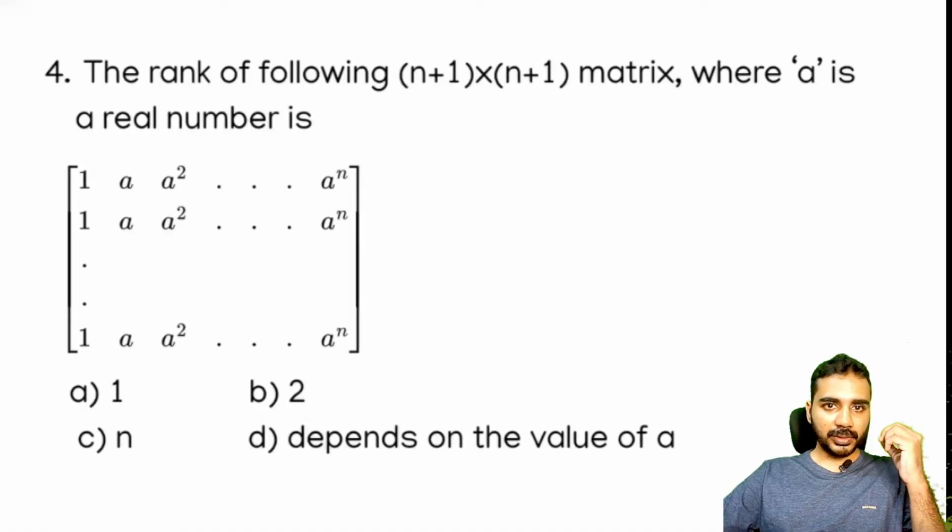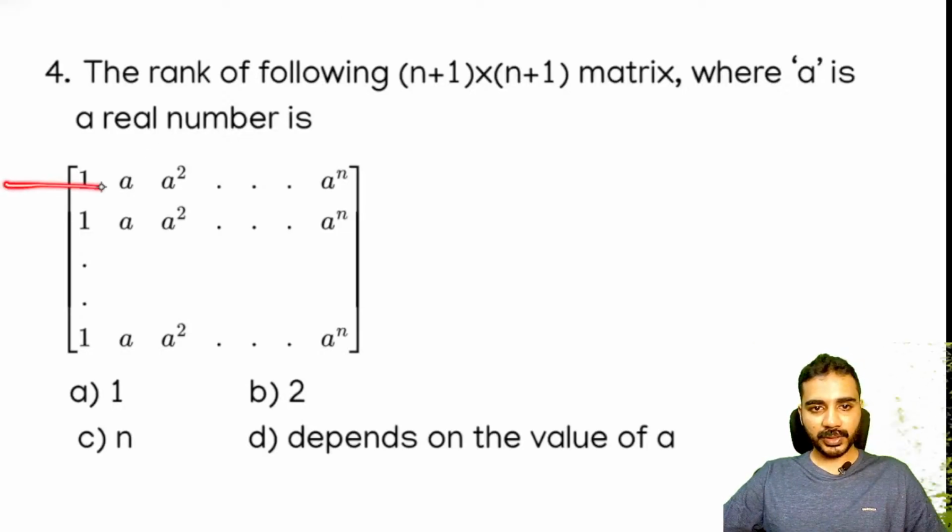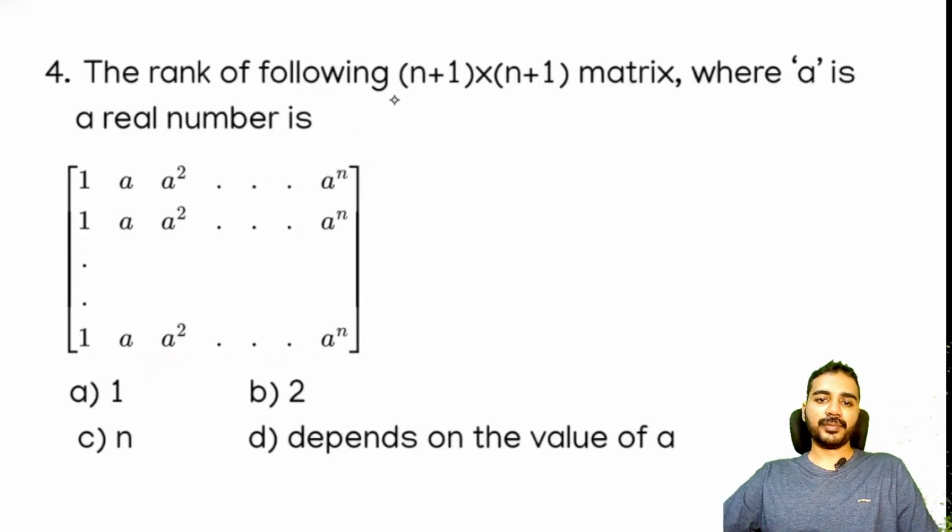What we need to do here is that just observe these rows. The first row we can see 1, a, a square, up to a raised to n. When we look at the second row, which is also 1, a, a square, a raised to n, or the last row, 1, a, a square, up to a raised to n. So what we can do here is that we can do some elementary operations.